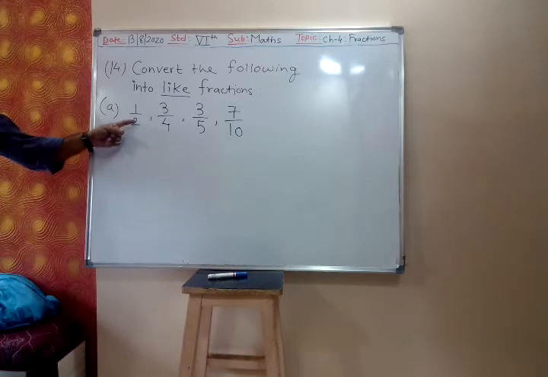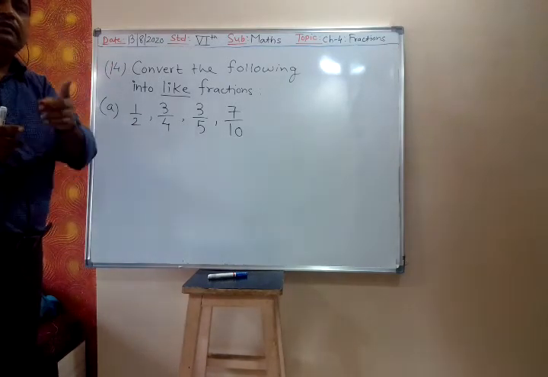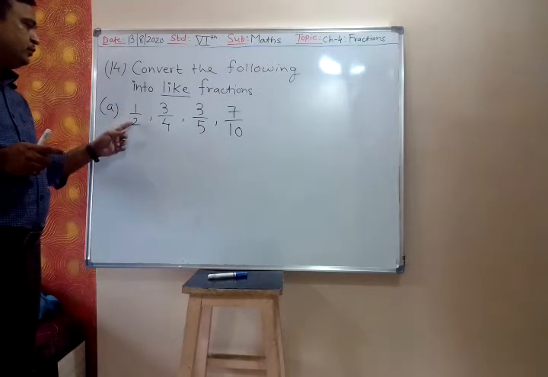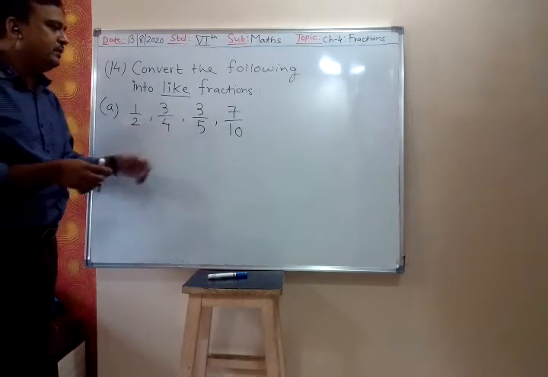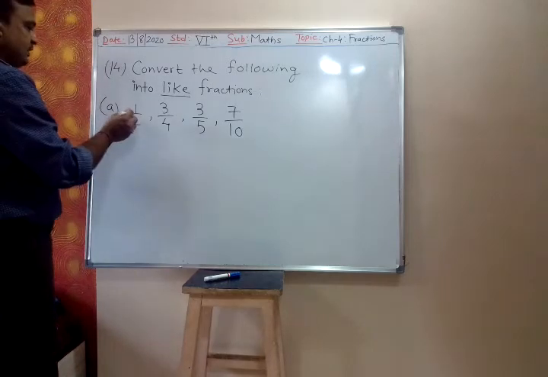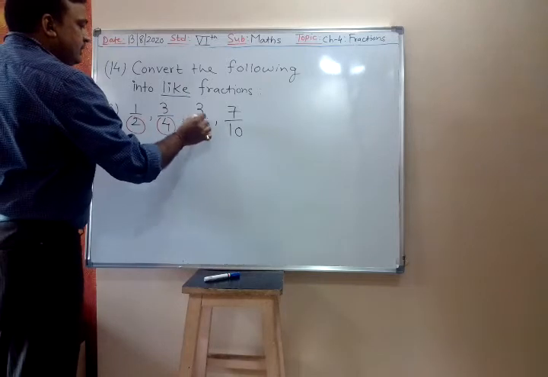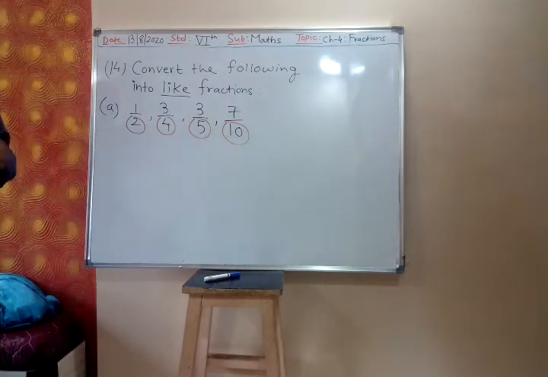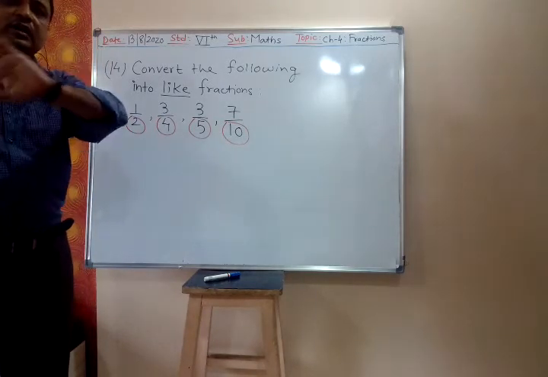The fractions are said to be like fractions whenever they have same denominator. Denominator of 1 by 2 is 2, of 3 by 4 is 4, of 3 by 5 is 5, and of 7 by 10 is 10. Denominators are not equal, so they are not like fractions.